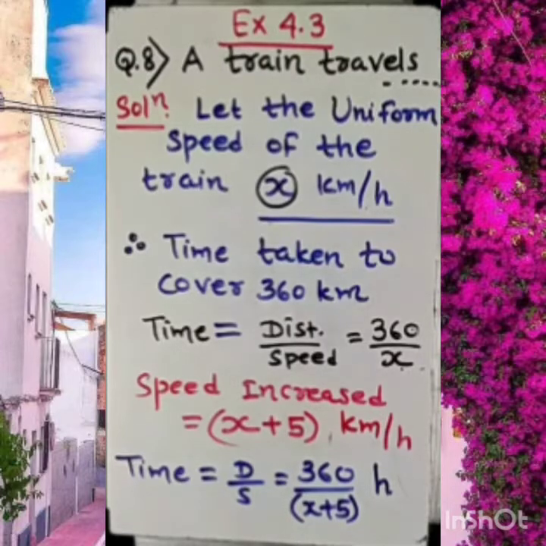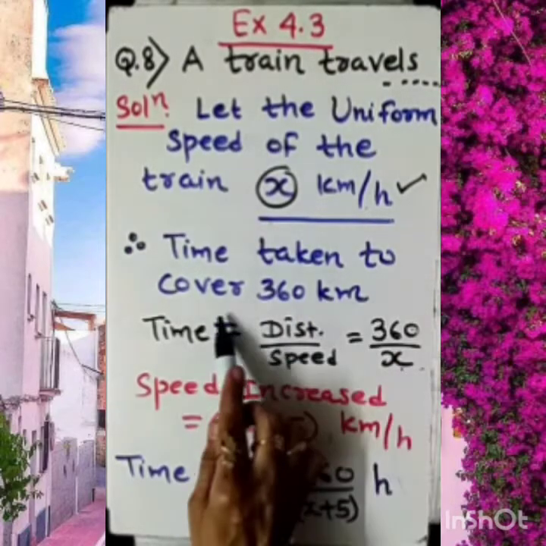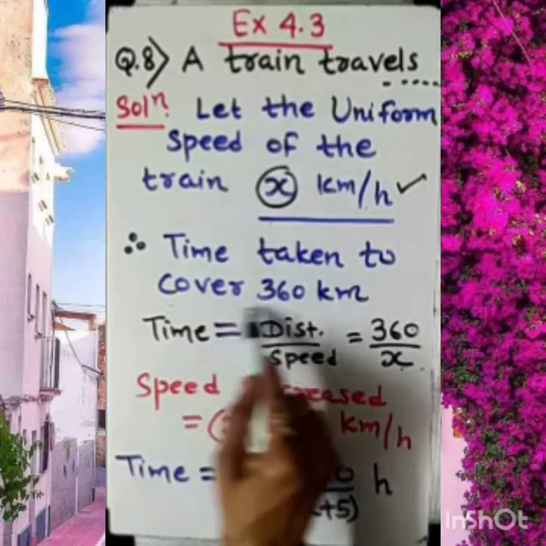Once again, I am explaining this very important question. First of all, dear student, we are considering the uniform speed of the train, that is x kilometer per hour. Clear? Now, we are given the distance of 360 kilometers. So how to find time?